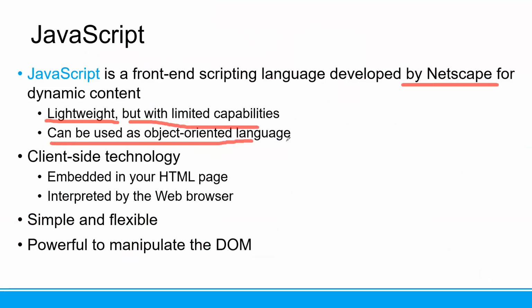It can be used as an object-oriented language. If a programming language is object-oriented, then it is possible to use it for big development. It is client-side technology. Nowadays, web browsers embed JavaScript, because the web browser should understand the HTML page, and it can be interpreted by the web browser.